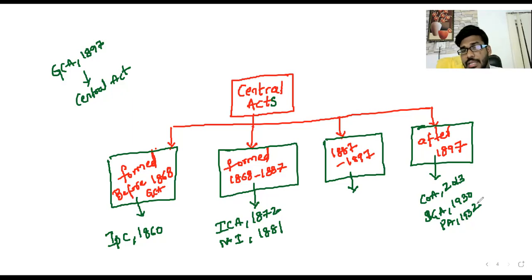So between 1887 and 1897, what is the example? What are the examples for those particular acts?